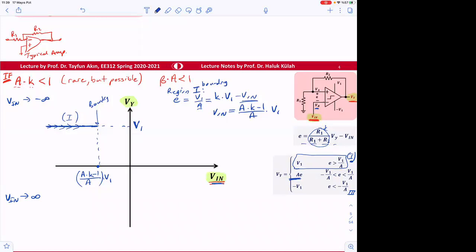So E becomes minus infinity. When E goes to minus infinity, we know that this is the extreme case, and then output becomes minus V1.